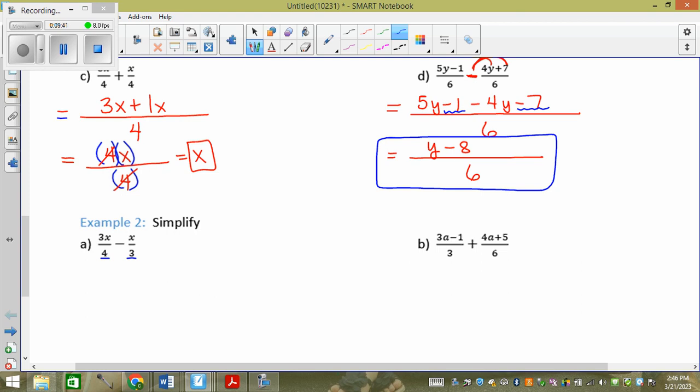So if I have 3x over 4 minus x over 3, I need to multiply this one by 3. When I do the bottom, I have to do the top, and the reason why I have to do it to both is 3 divided by 3 is 1. It doesn't change anything. Right? It just makes it bigger. And then this one, I have to multiply by 4 and 4.